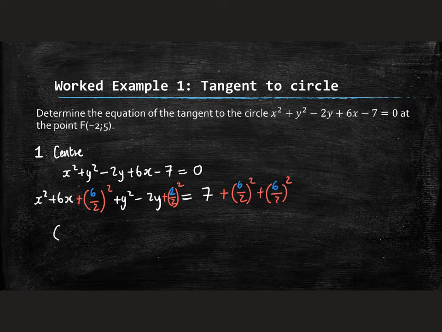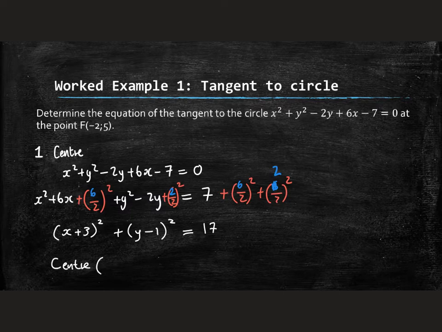What we get then in the first bracket is x plus 3 all squared, we get y minus 1 all squared, and then 7 plus 6/2 squared plus, oops daisy, that should be a 2 in the last one. Oh, thanks for spotting that. That should be a 2. Means that we're going to get 17 here. So we now know that the center of our circle is at the point -3 and 1.